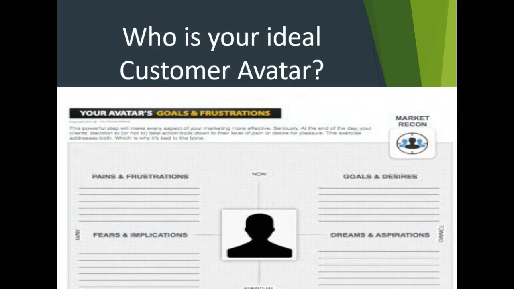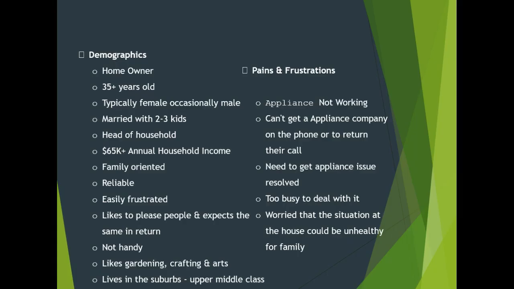So who is your ideal customer? Let's take a look at some demographic information on the left hand side here. These are just some examples of things you want to look out for. Are they homeowners or are they renters? What's the age group? Is it typically female or male that usually calls in?